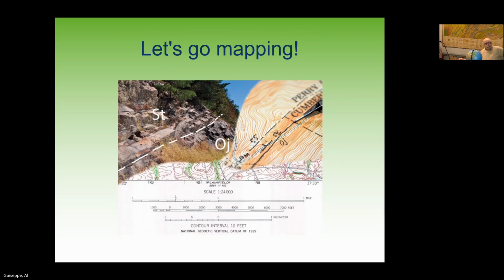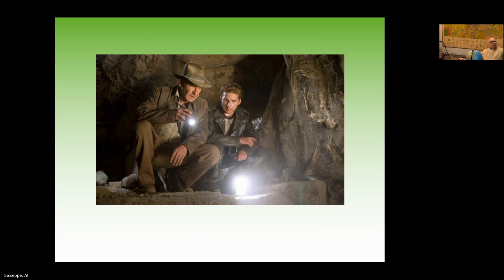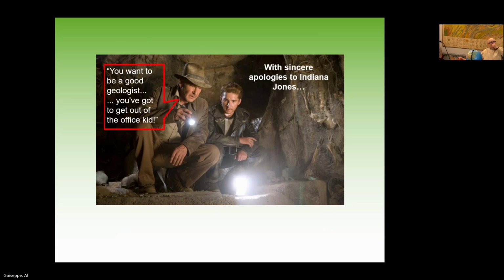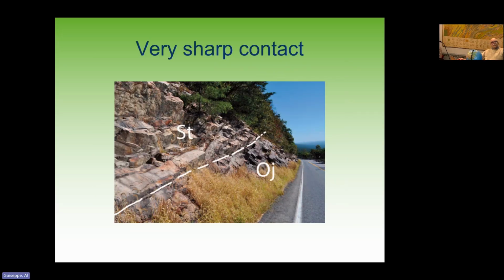So let's go mapping. How true is that? How true. So this is not too far. Where was that field trip, Gary? This is in Carlisle. This is up Dragon's Gap.